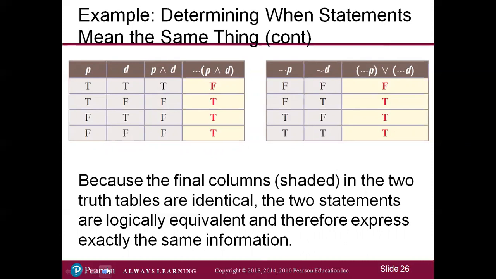Looking at the not P and not D columns and ORing them, the only thing that makes the OR false is if both components are false, which happens in line 1. The final result in the truth table for statement B is FTTT, which is the same as the first statement.